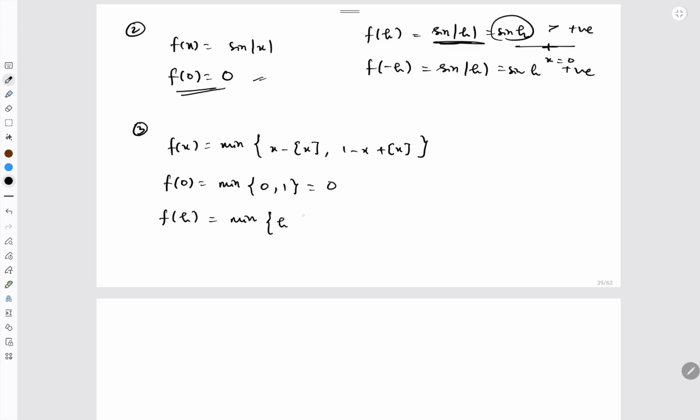So h minus 0, and 1 minus h plus 0. So I can directly write it: minimum of h and 1 minus h. Now h is a very small positive number. If it is 0.01, then 1 minus h is 0.99. So minimum will be h only, right?